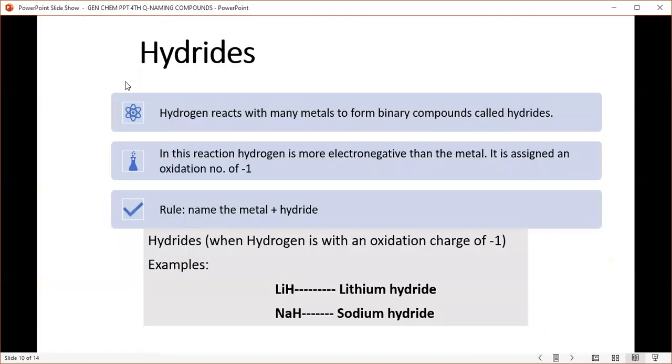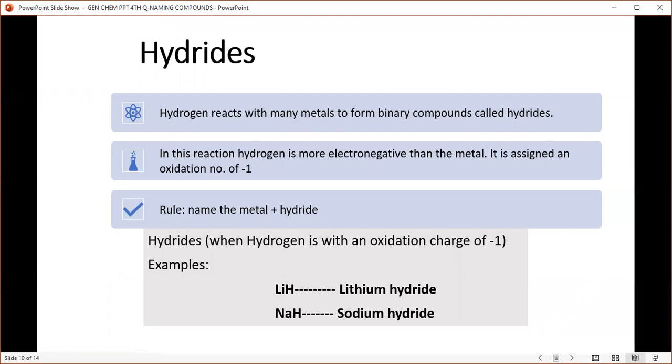Next we have hydrides. Hydrogen reacts with many metals to form binary compounds called hydrides. These are not called acids. Acids are hydrogen and a non-metal.